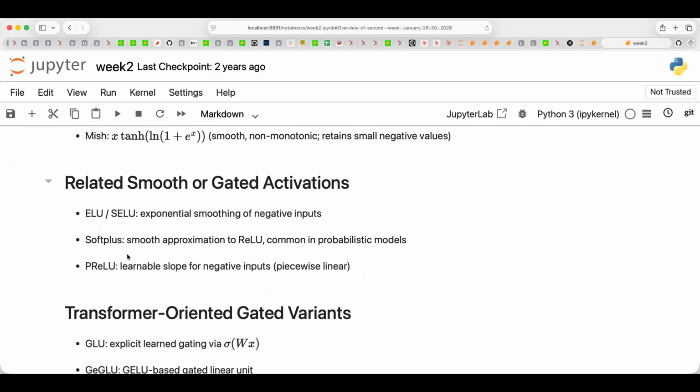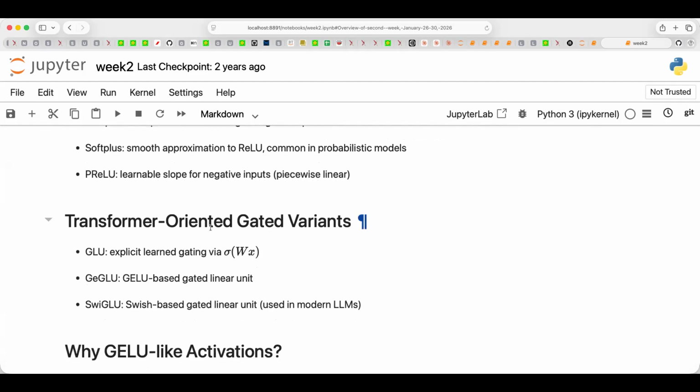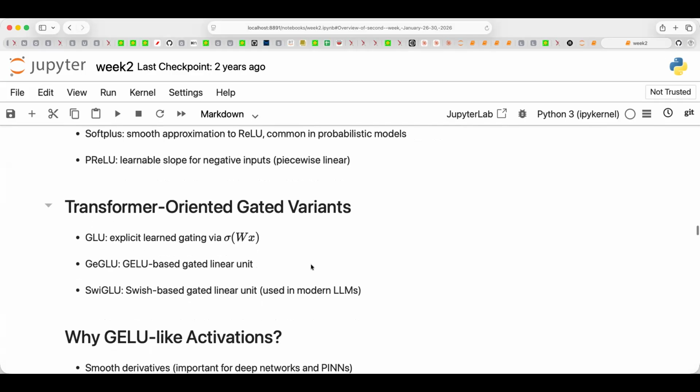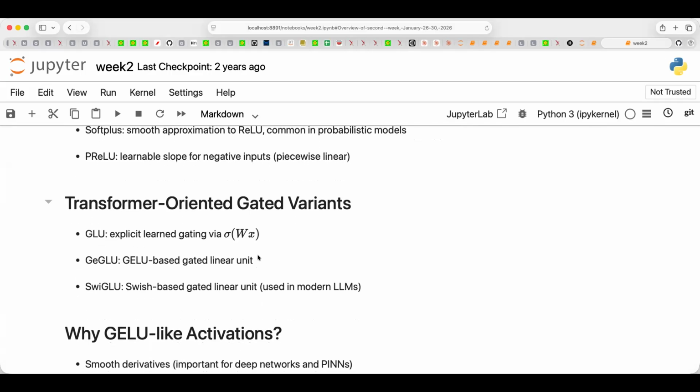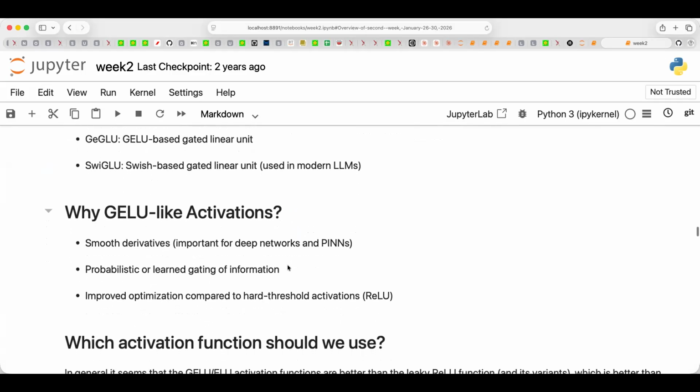Some of these are quite popular. I'm just listing them here because I have not tested these. I've been testing GELU and ELU and ReLU and this family of functions, and the GELU ones are the ones which have often worked best in my applications to physics-informed neural networks. That's from my experience.